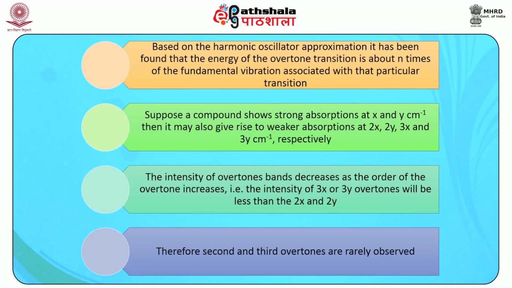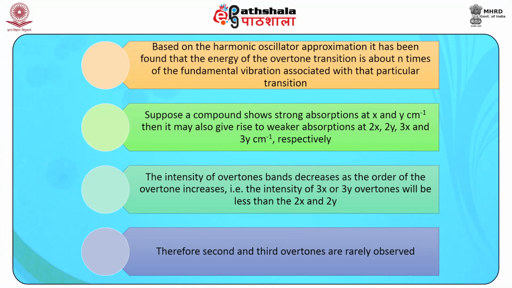Now, based on the harmonic oscillator approximation, it has been found that the energy of the overtone transition is about n times the fundamental vibration associated with that particular transition. Suppose a compound shows strong absorptions at x and y centimeter inverse, then it may also give rise to weaker absorptions like 2x, 2y, 3x, 3y centimeter inverse respectively.